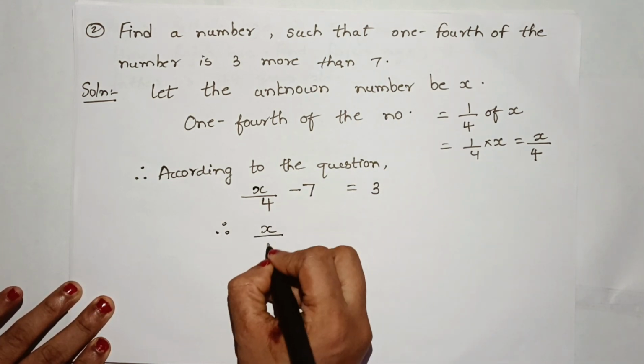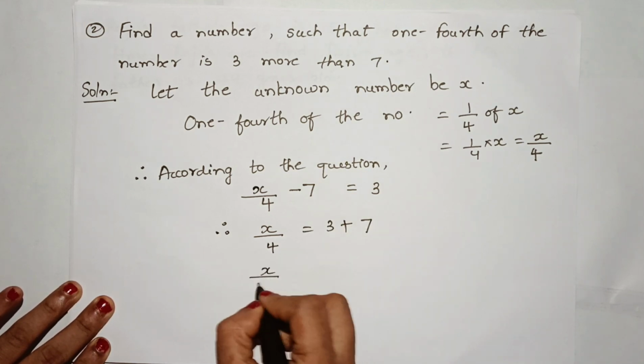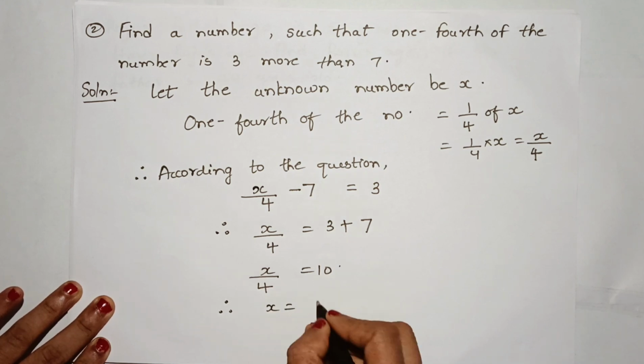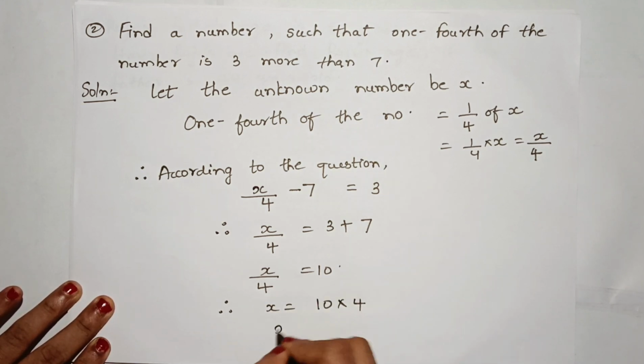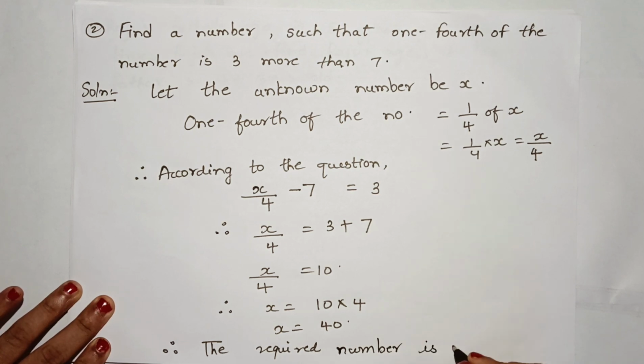Therefore x by 4, transposing method, x by 4 equals 10. Therefore, x equals 10, 4 will go that side, multiply, which is equal to what? 40. Therefore, always write the final answer. The required, or you can say the unknown number, okay? The required number is 40.